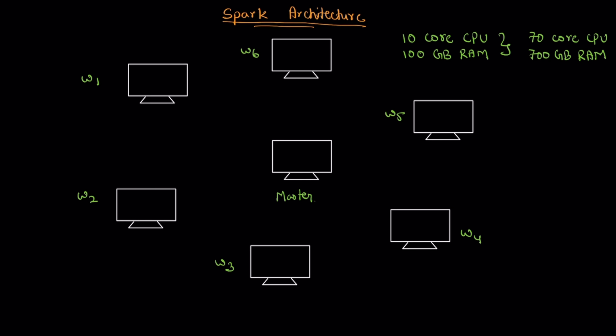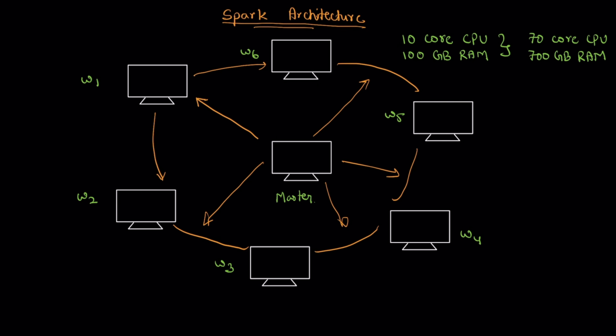These would obviously be connected with each other. So this would be the architecture. Each computer would be connected to each other, and this is what we call a cluster of computers.